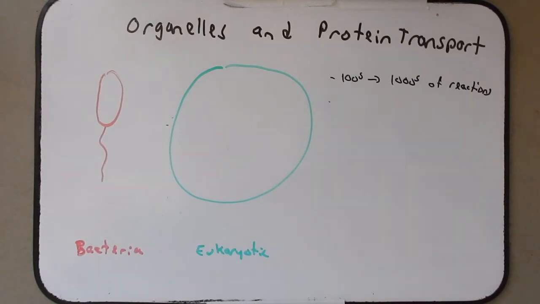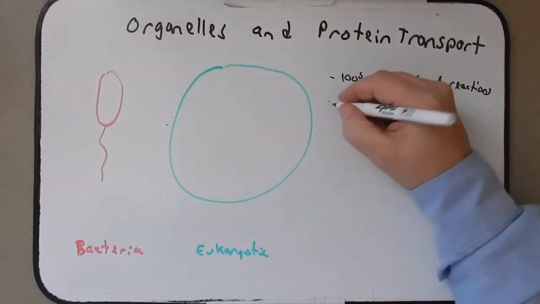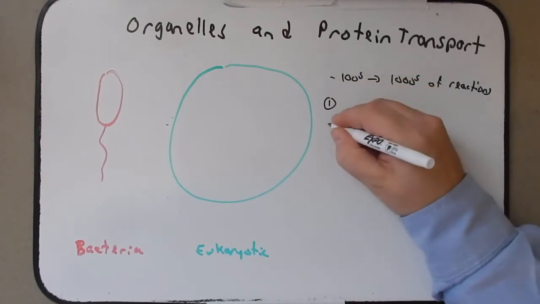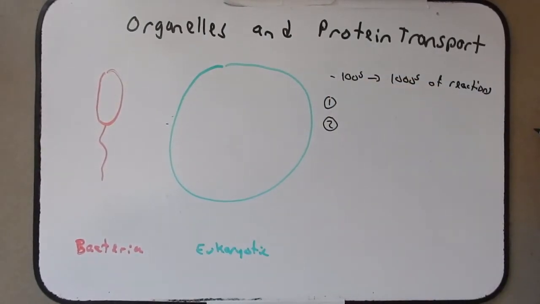And they can't occur right next to each other or just in the random mix. There has to be a strategy to make sure that when we're making DNA, those reactions are in one area. Glycolytic enzymes, when we're going through glycolysis, need to be in a position to function and work together. So there are two general strategies that cells will utilize.